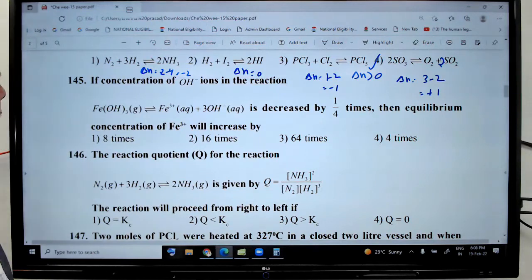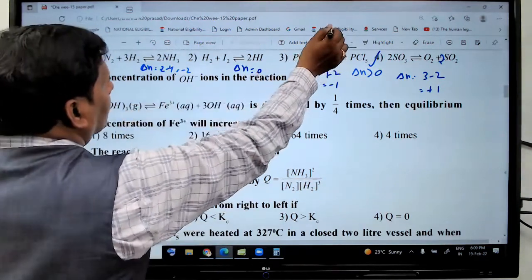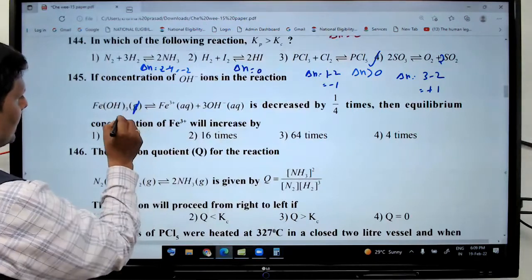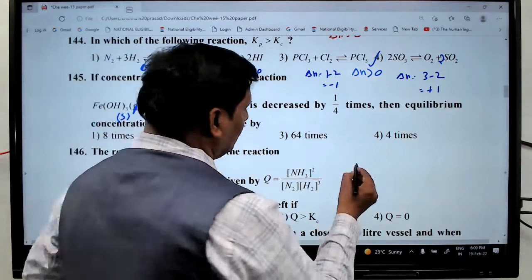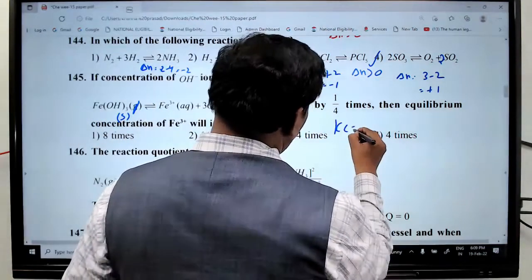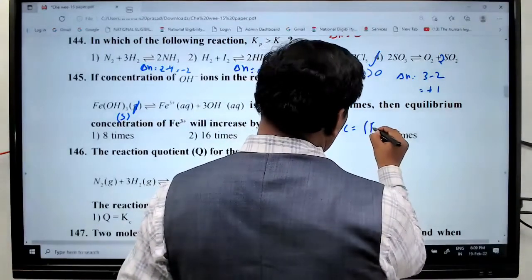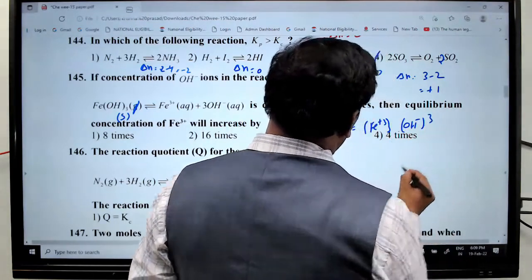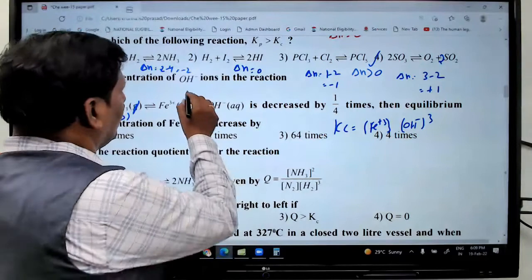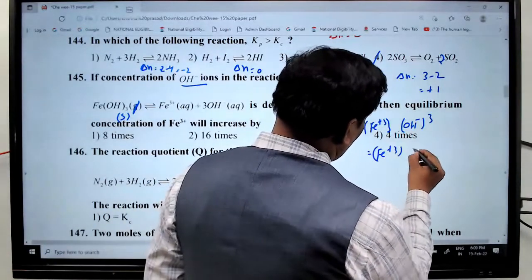For your information, Kc is equal to, for a solid the activity is 1, so it becomes Fe plus 3 into OH minus whole power 3. But it is given that the concentration of OH minus ion is decreased by 1 by 4 times.